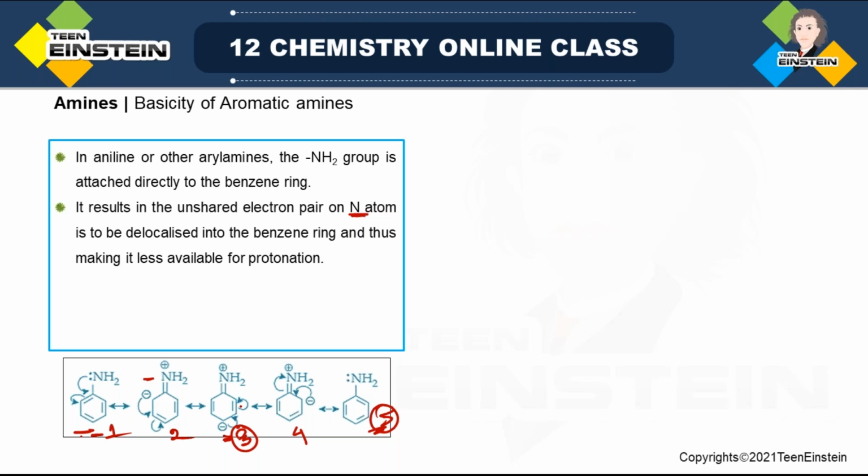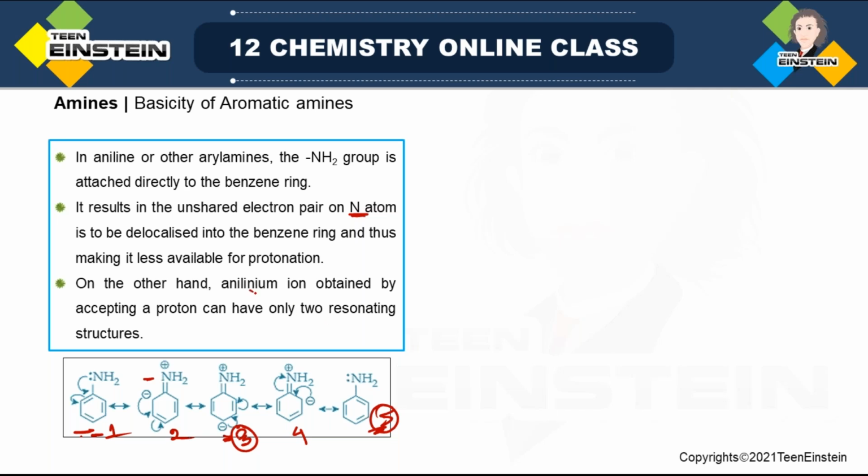So in presence of acid, this lone pair cannot be donated to the proton, so it is less available for protonation. That means basicity compared to aliphatic amine is decreased, because in aliphatic amine no resonance is there, the lone pair is still available, but in this case lone pair availability is less.